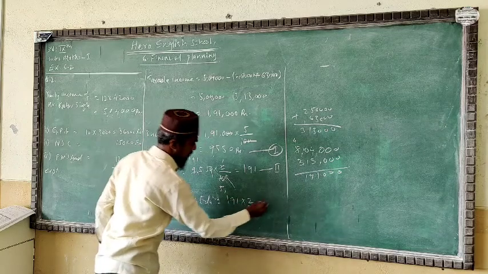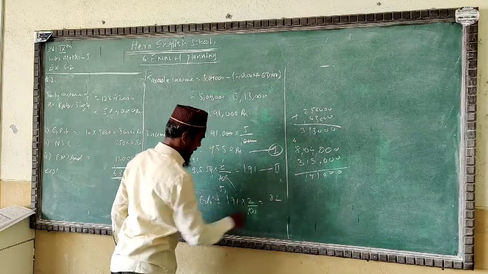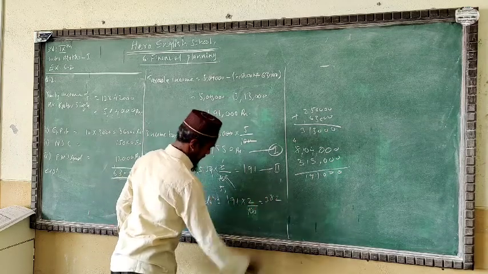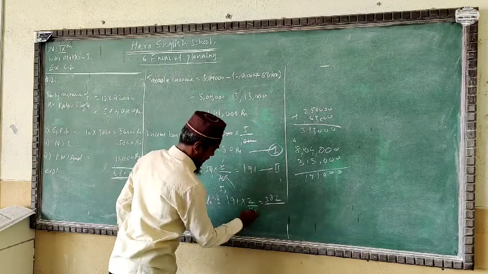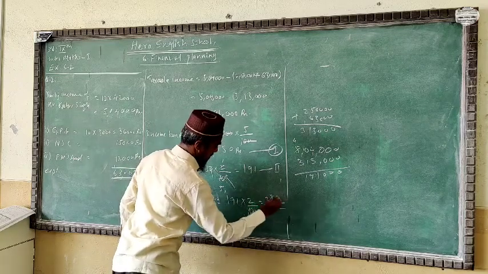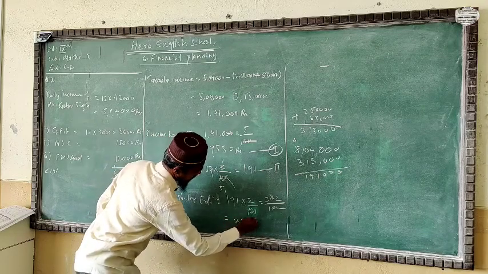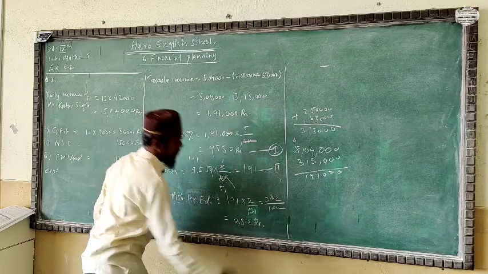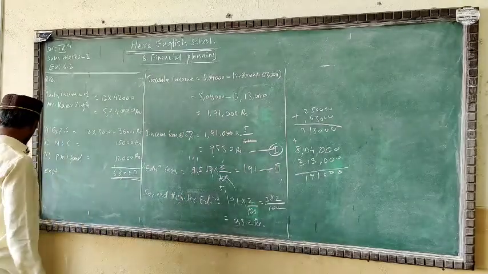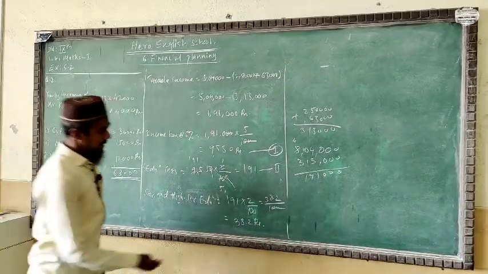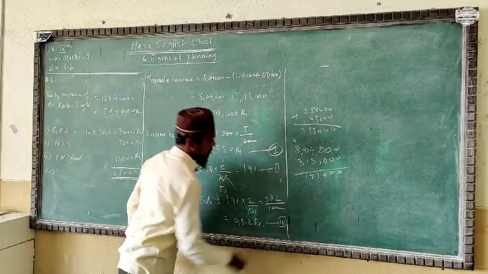Now see here, 2 ones are 2, 2 nines are 18, 1 carry, 2 ones are 2 plus 1, 3, and upon 100 cancel the 0 0, you will get 38.2 rupees. Now here we got these three amounts which are the total tax.